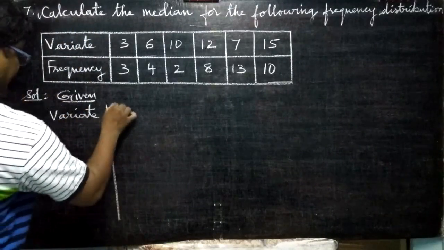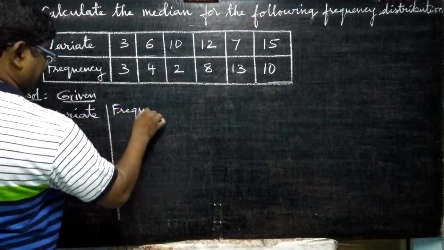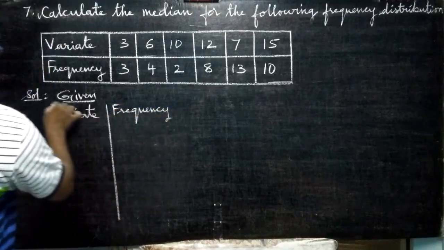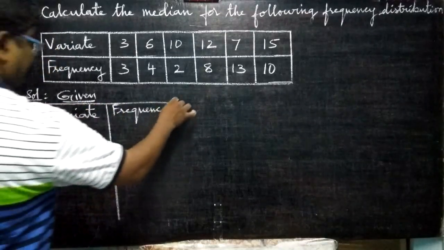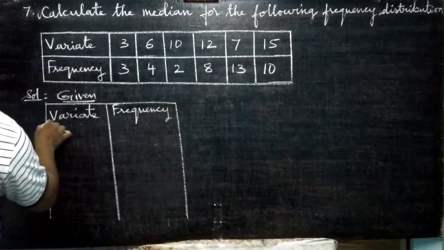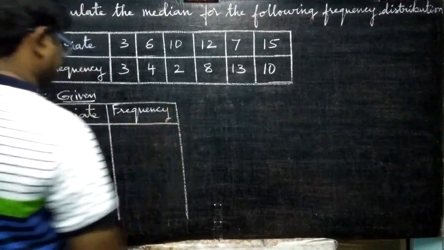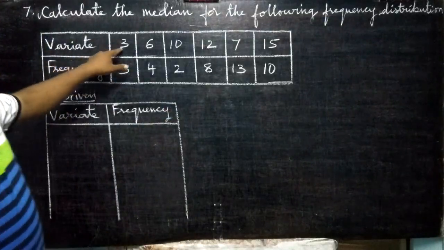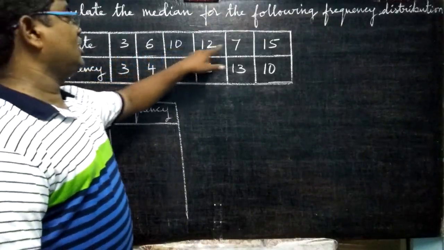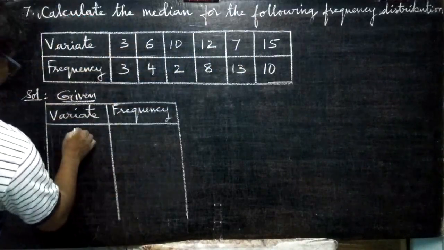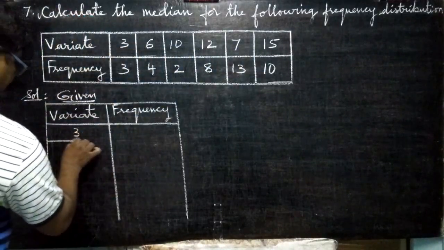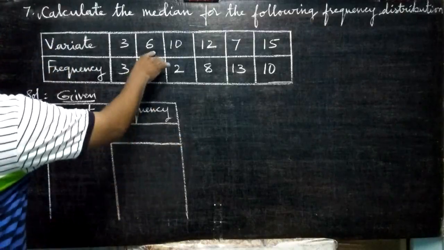Next, frequency. So be careful while doing this ungrouped data of the following frequency distribution. This is the frequency distribution: 3, 6, 10, 12, 7, 15. Not in order, it is in disorder. 3 we have to write first. 6 comes next.